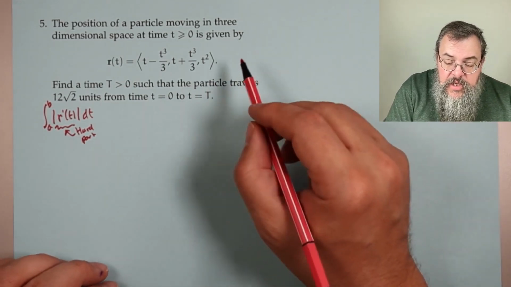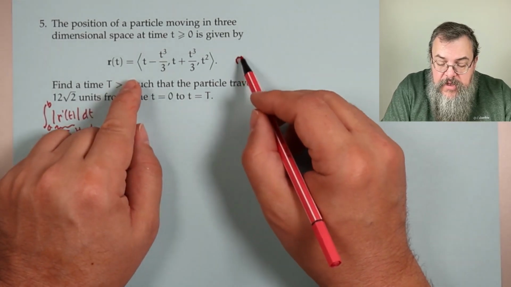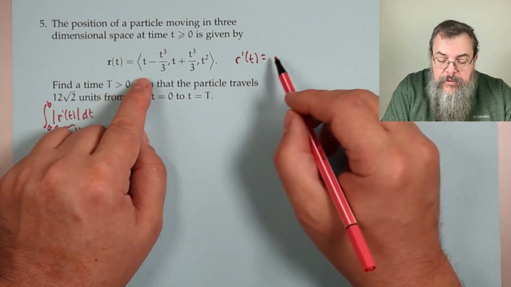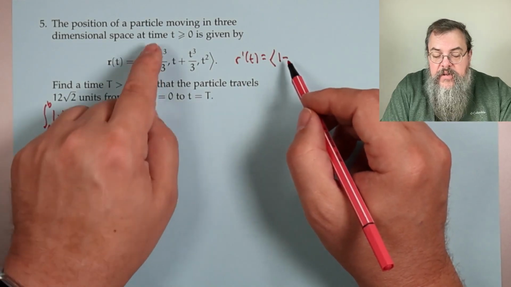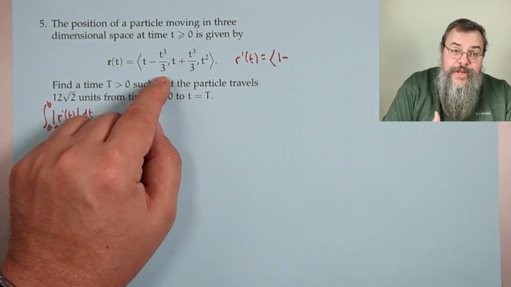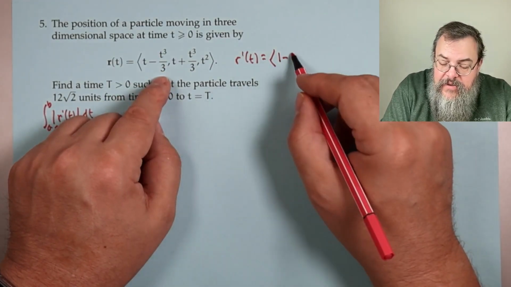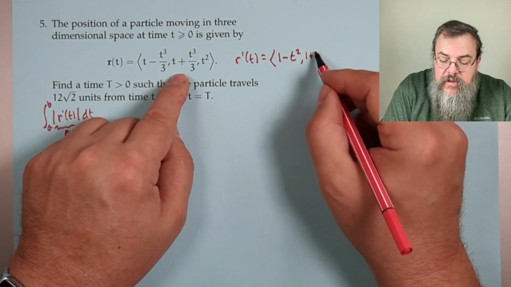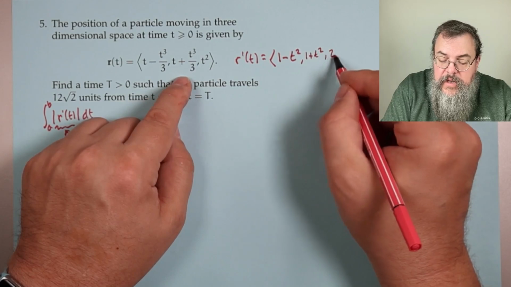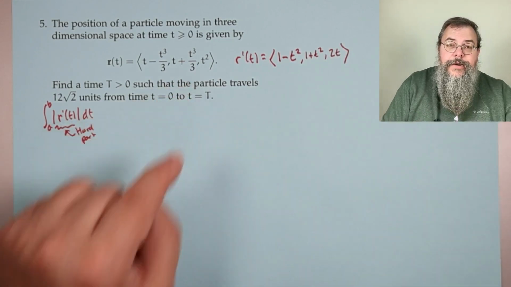So we have r of t. Let's go ahead and do r prime of t. We have some space here. That would be 1 minus the derivative of t cubed over 3. The 3 comes down, so that actually cancels off nicely: t squared. And here we have 1 plus t squared, and here we have 2t. All right.